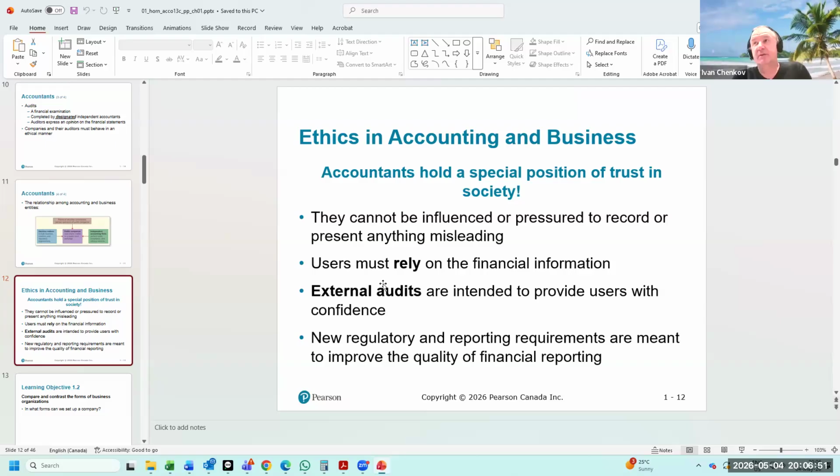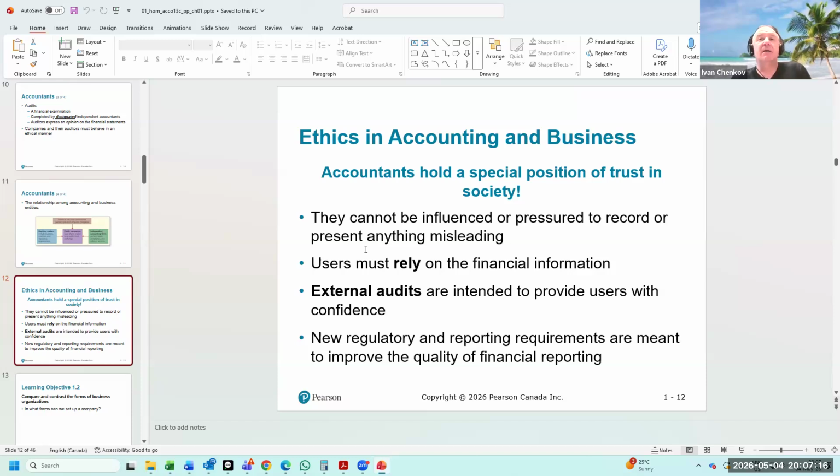Now it's still trustworthy because the accounting body, which is governed by the Chartered Professional Accountants, makes sure that all the people who have those letters CPA after their names behave in the proper way based on the code of ethics from that accounting body.